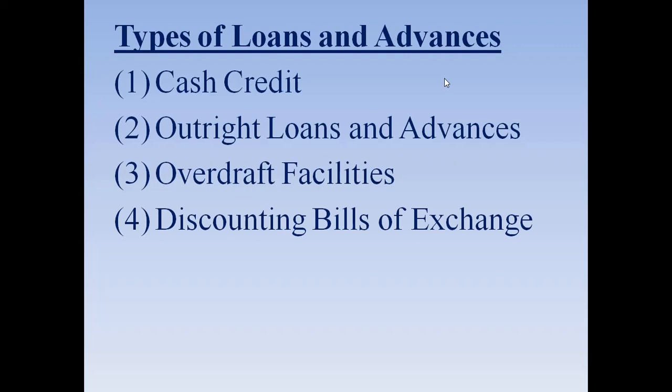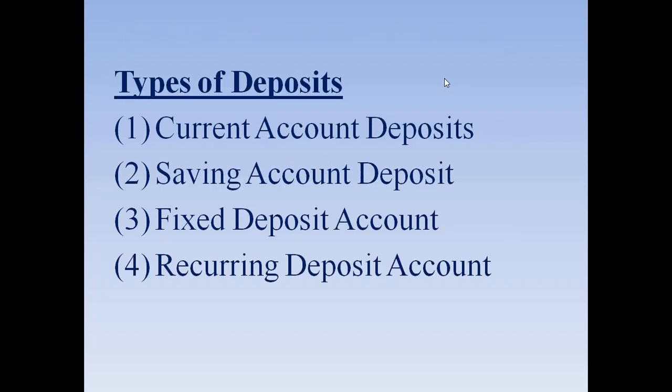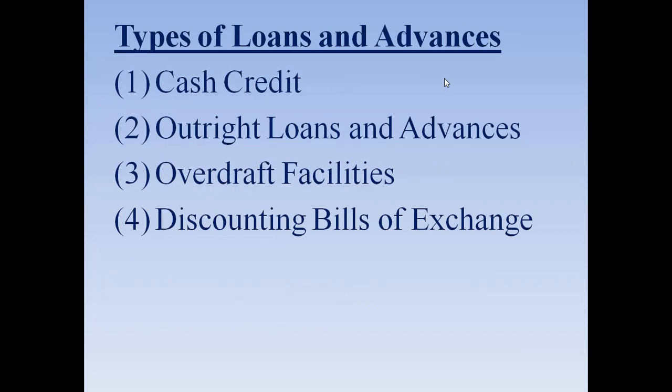Now, overdraft facilities. Usually, as I've already discussed, in case of the current account deposits, these overdraft facilities are provided. Because sometimes the business person may not have a minimum amount to enter into a business transaction at a particular point of time.